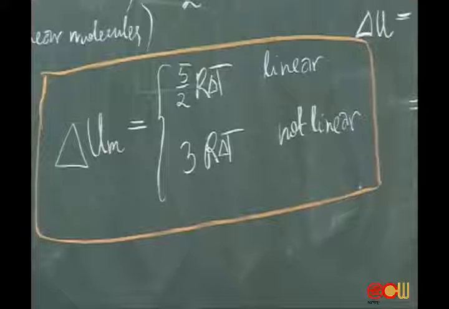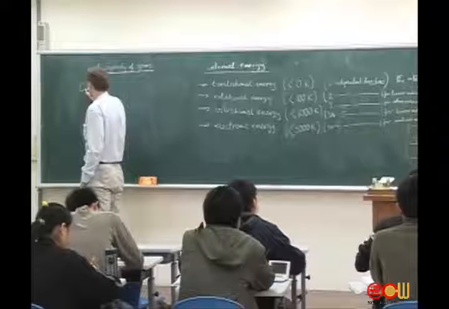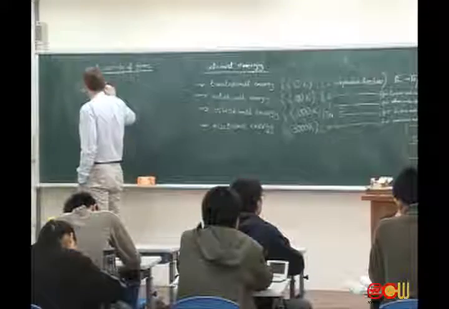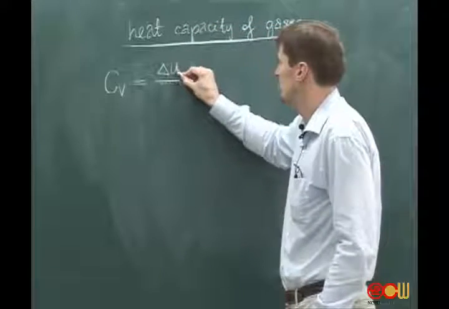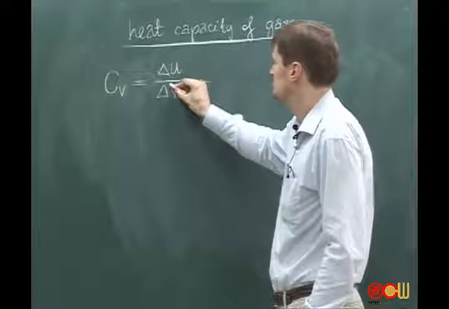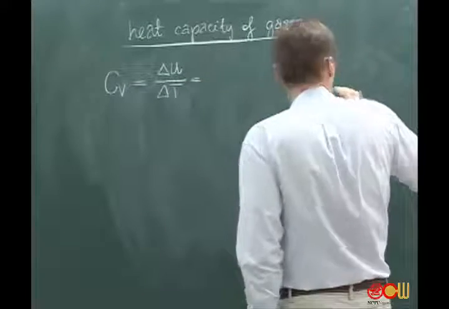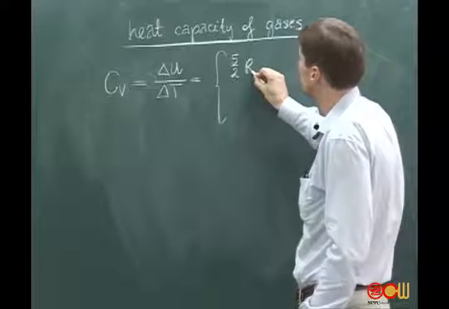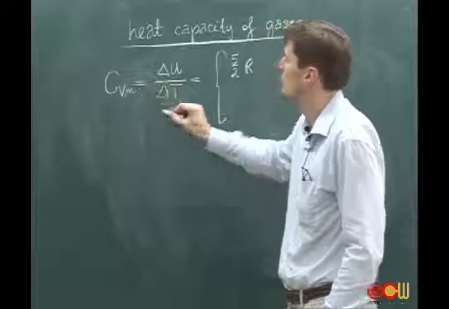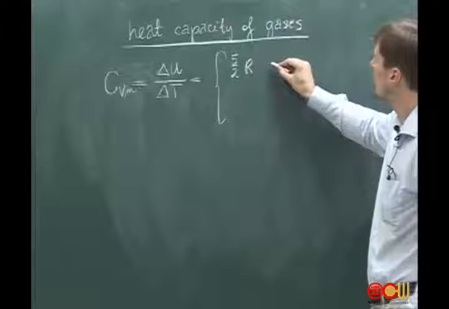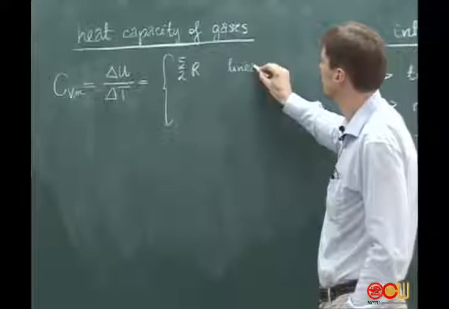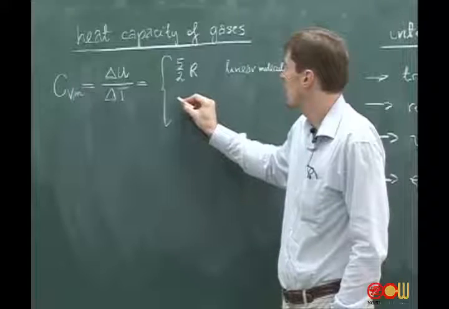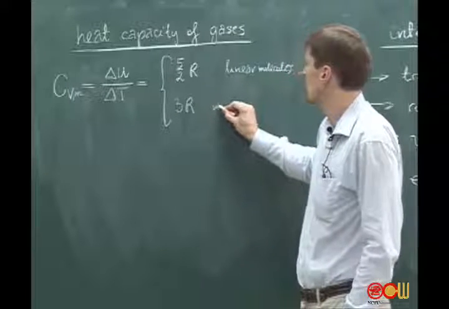So now what we are getting is that the heat capacity at constant volume is, as we said, and plugging what we get there, 5/2 R, of course this is molar, for linear molecules, and 3R for the nonlinear molecules.